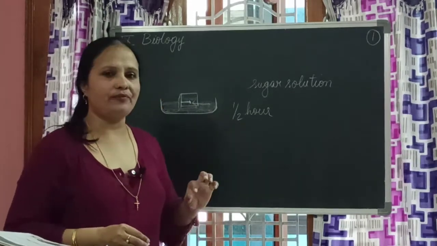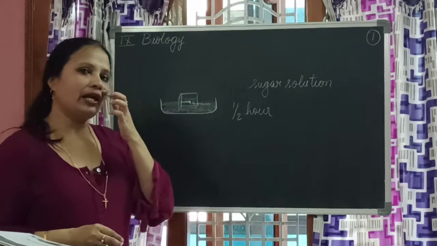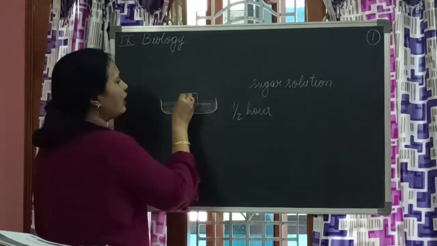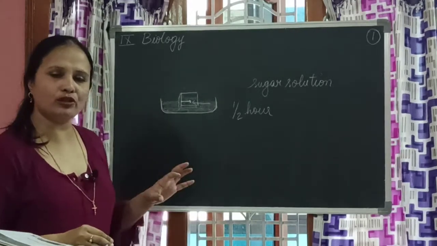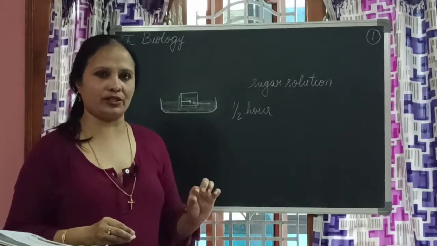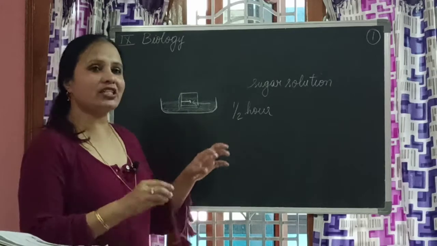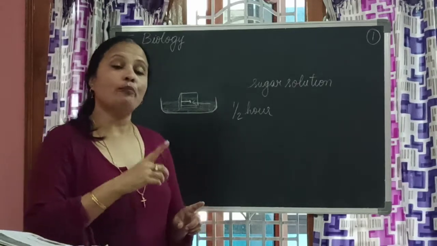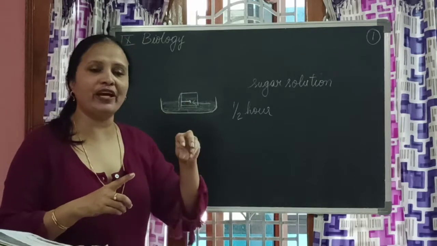It means that the water here has more concentration while the water in the sugar solution has less concentration. That means the water moved from the petri dish into the gap where the sugar solution is put.